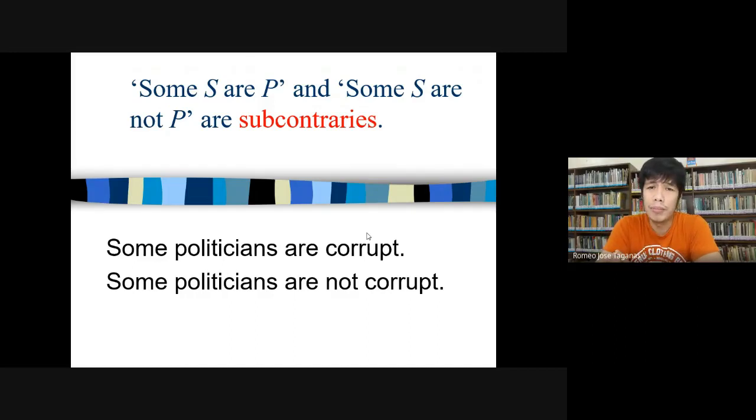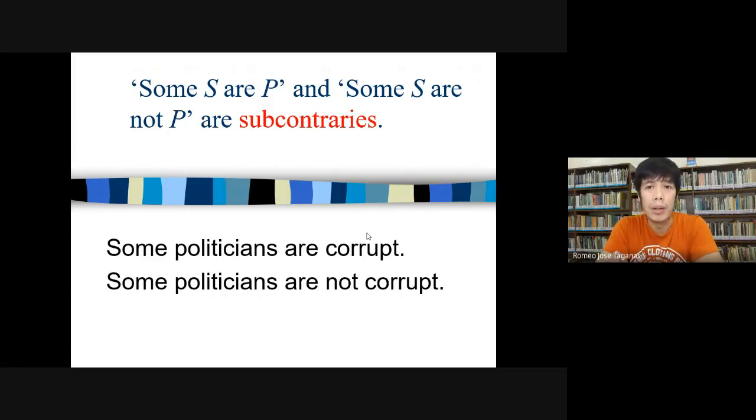Madali. Bakit particular? Kasi sa modifier na some. Bakit affirmative? Kasi wala ka namang makikitang no or not sa proposition. So, anong proposition ito? A, E, I, or O? The answer is I. Okay? It is an I proposition. The quantity of an I proposition is particular and the quality of an I proposition is affirmative.